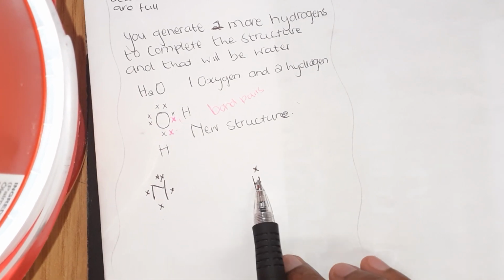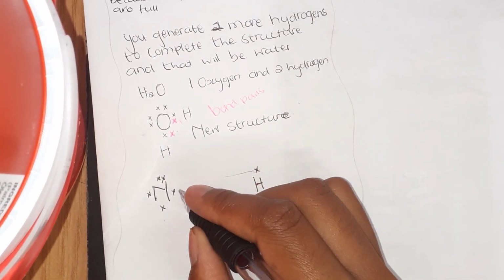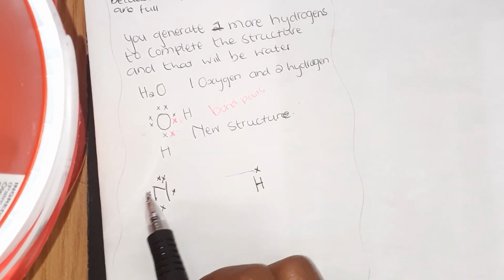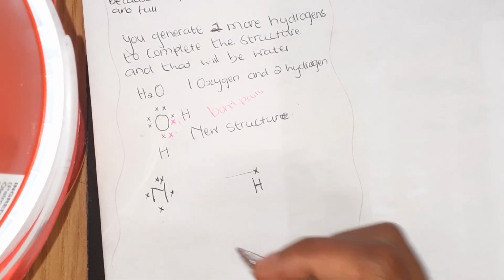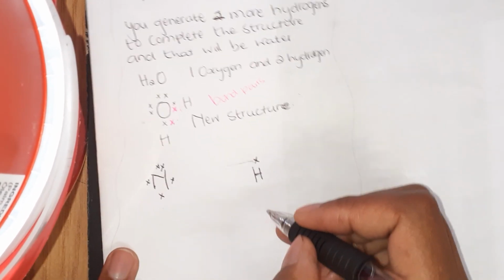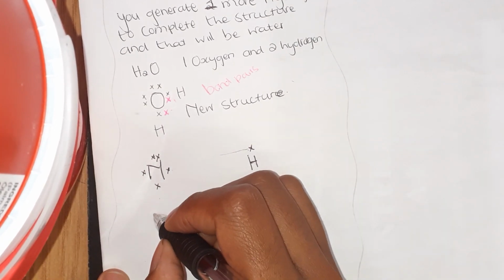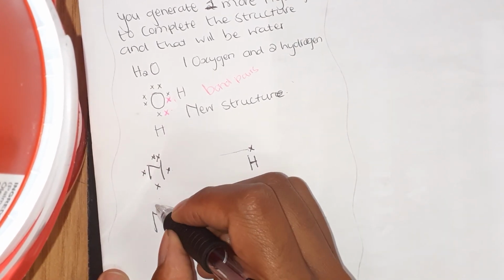Now we have to bond these 2. We only have this one that will probably connect to this one, but these 2 ones have nothing. So we will generate 3 more hydrogens, and we'll have the structure like this.